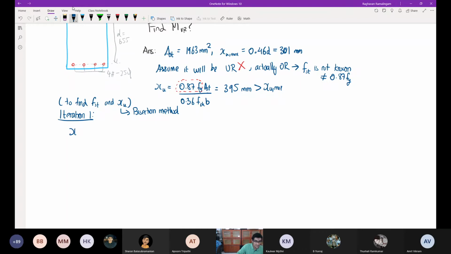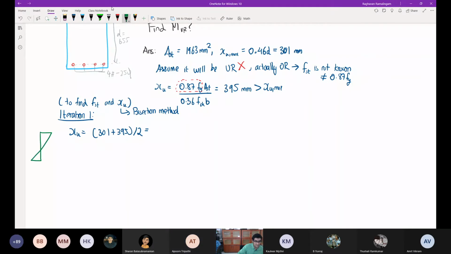Now you will assume that XU is the mean of these two, 301 plus 395 divided by 2. How much is this? 348.